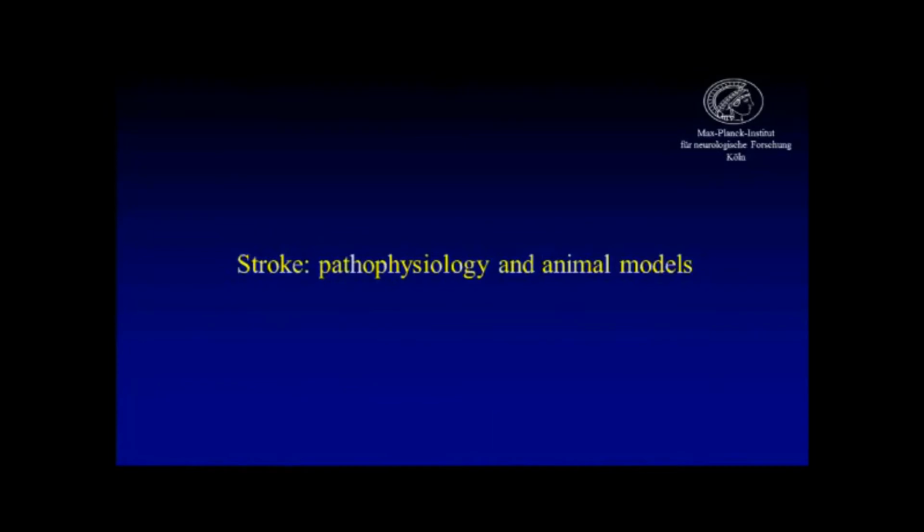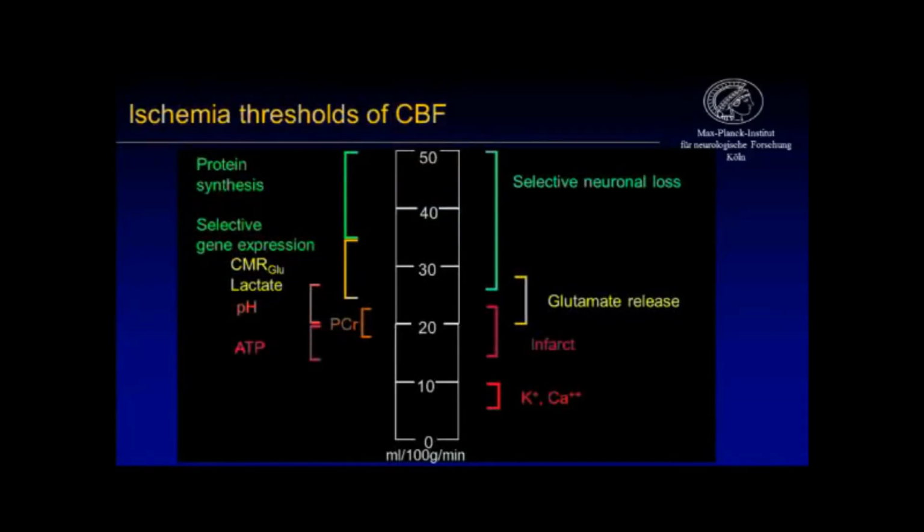Let's look first at the pathophysiology of what happens, and this can be done very well with animal models. When we look at the blood flow, and again, this is typical blood flow in human beings, in normal brain tissue we have approximately 50 milliliters per 100 grams per minute. As you reduce this, you see that various different events take place depending on how severe the reduction of blood flow is. If this is only a slight reduction, you get disturbance of protein synthesis, then selective genes are expressed.